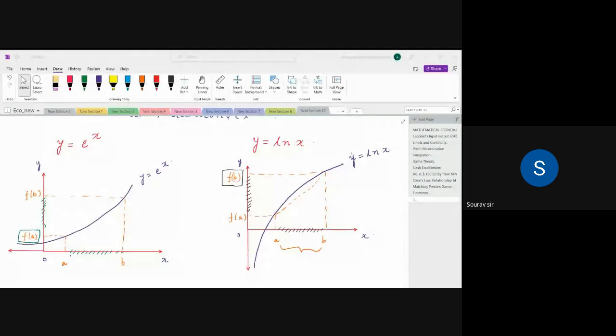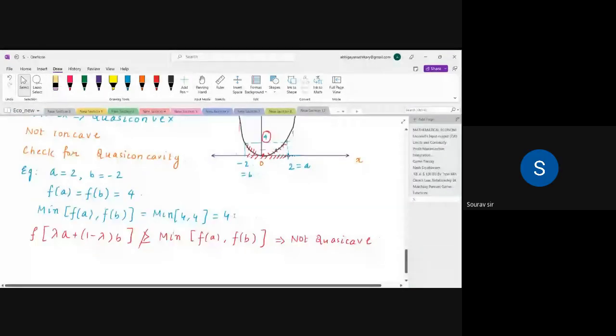Apart from this, there is no extra geometric interpretation, so to say. You just take points within a given range and try to see whether the functional value is less than or equal to the max, or greater than or equal to the min. That's the only thing that we're interested in. Okay, thanks.